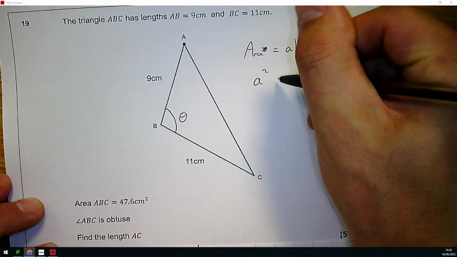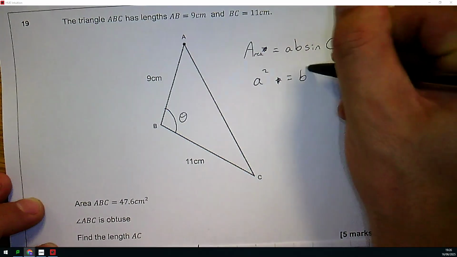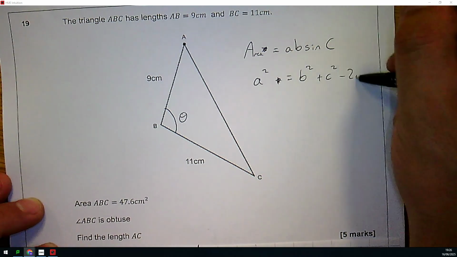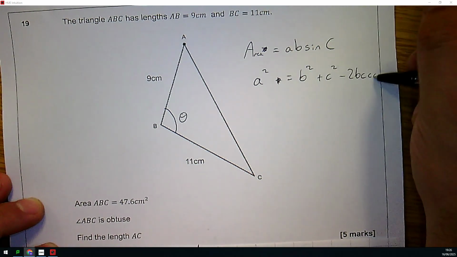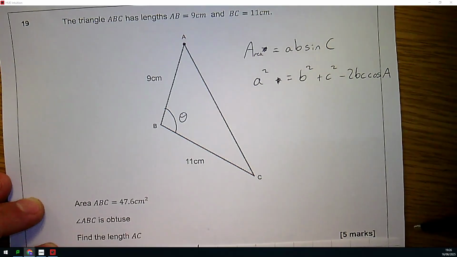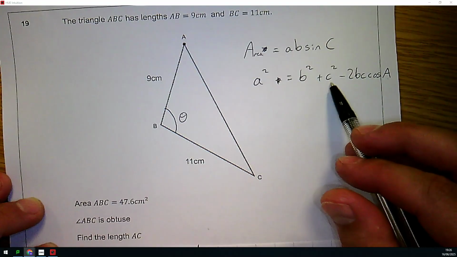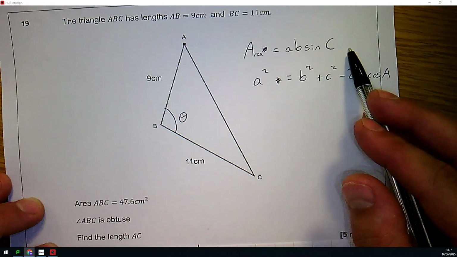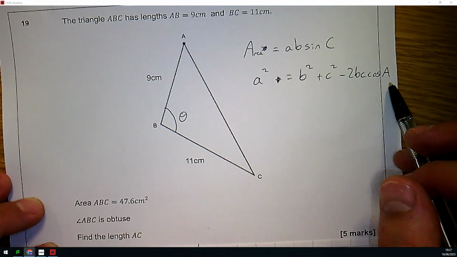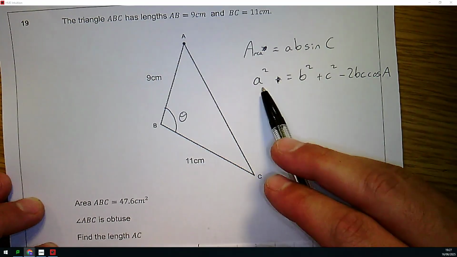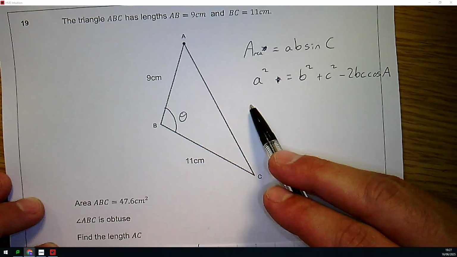So we've got a squared equals b squared plus c squared, take away 2bc cosine capital A. And again, capital A is the angle in between b and c. Sometimes these letters get all mixed up, but really it's the angle in between b and c, and lowercase a is the opposite side.